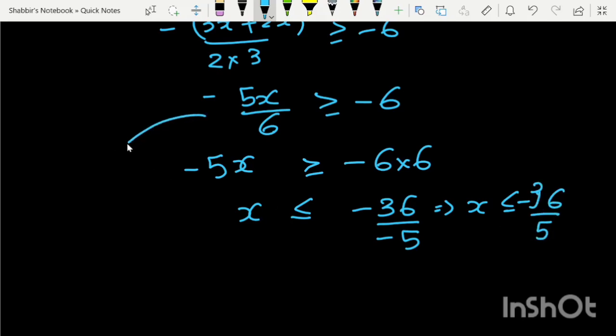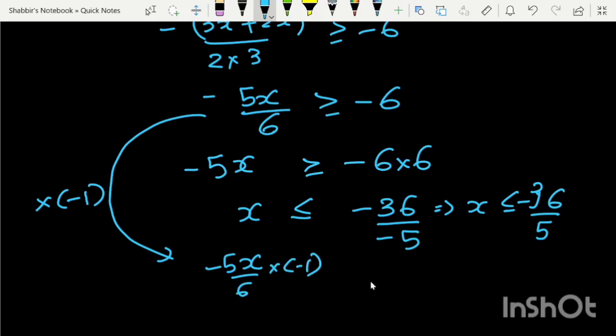Or if you want to cancel minus sign both sides, it means we are multiplying by minus 1. This becomes minus into minus 1, minus 6 into minus 1. The sign will be reversed. So cancelling minus both sides leads to the change in the sign. So it becomes 5x by 6 less than equal to 6.